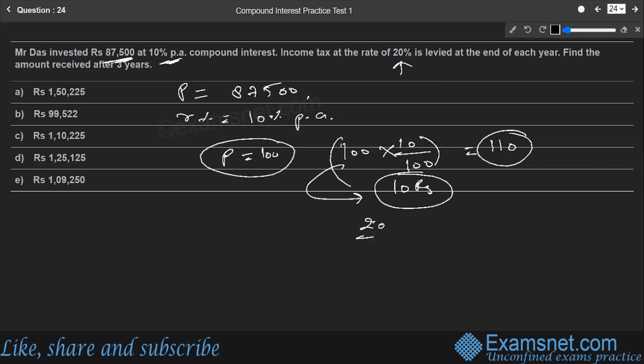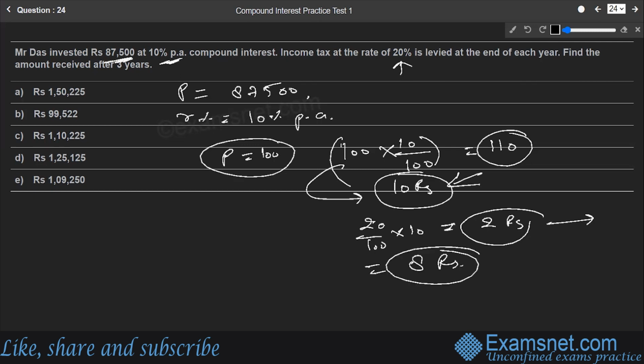So what is 20% of 10 rupees? It is nothing but 2 rupees. So this 2 rupees has to go to government. This is not staying with you. 10 rupees you are earning and 2 rupees you are giving to government. This is happening in a year. So actually you are having 8 rupees in your hand. If the principal value is 100, you are actually gaining 8 rupees in a year. So that is actually 8% of it.